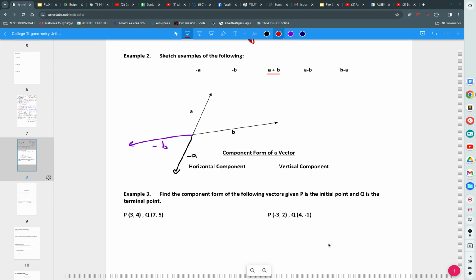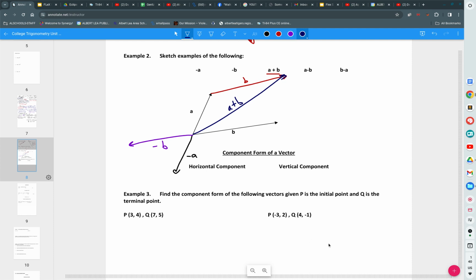So we're going to take vector A, and onto the end of A, we're going to place vector B. So we have A, and then we have B. And the destination which we arrive at helps us define what vector A plus B is. So that's the geometrical representation of A plus B. We see vector A, we see vector B. Together they make that one vector A plus B.